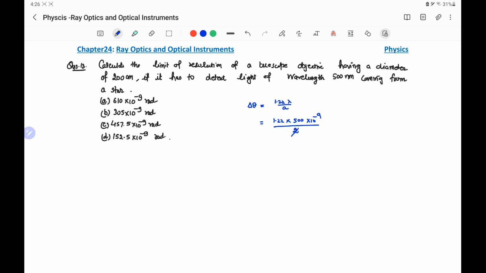By cancelling by 2, 1.22 will become 0.61. So we have 0.61 into 500 into 10 to the power minus 9. And the double 0 means 100, so we will have 61 into 5 into 10 to the power minus 9. On multiplying, we will have 305 into 10 to the power minus 9 radian. This is option B.